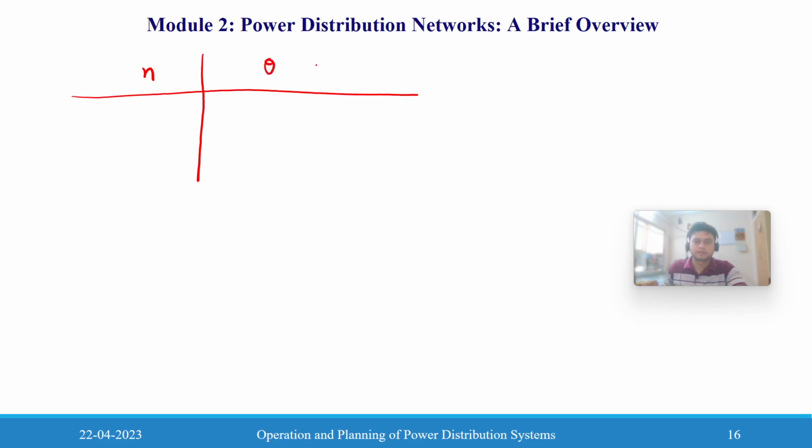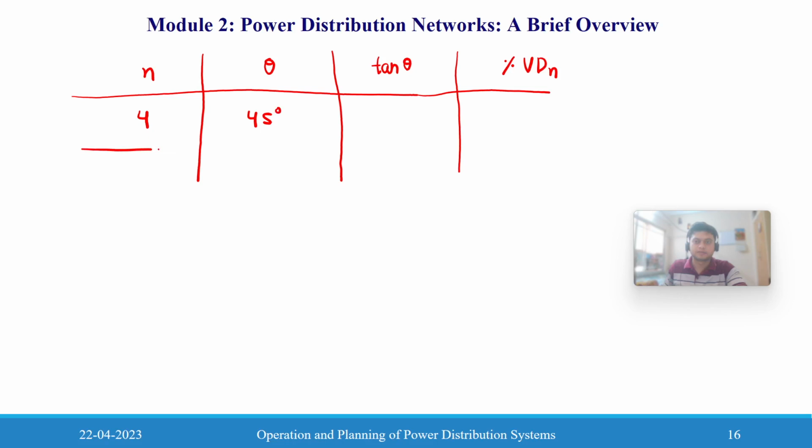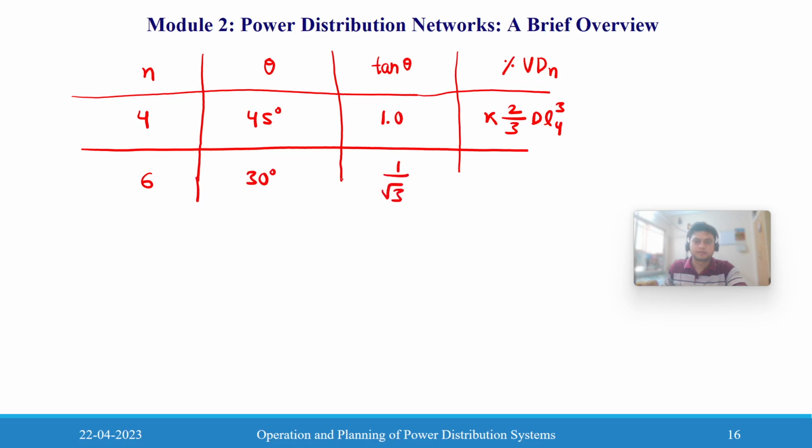In terms of theta, tan theta, and the percentage voltage drop: if the number of primary feeders is 4, then theta will come out 45 degrees, and tan 45 is 1.0, then the percentage voltage drop is k2 divided by 3 dL4Q. For 6 feeders, theta will be 30 degrees, then tan theta will become 1 divided by root 3.